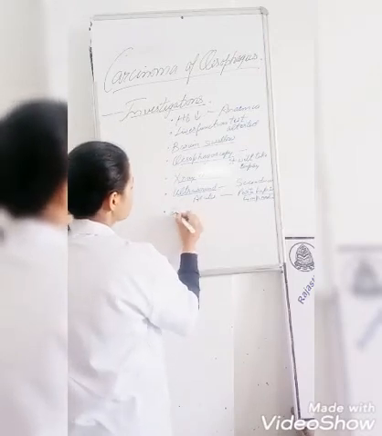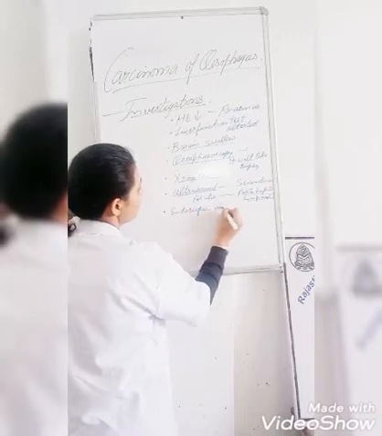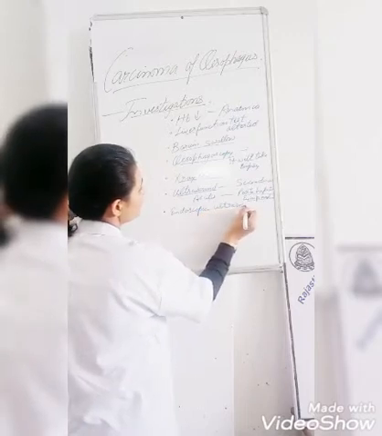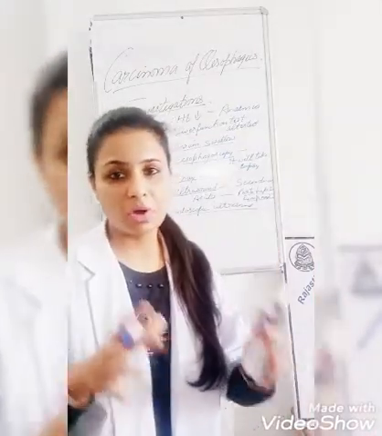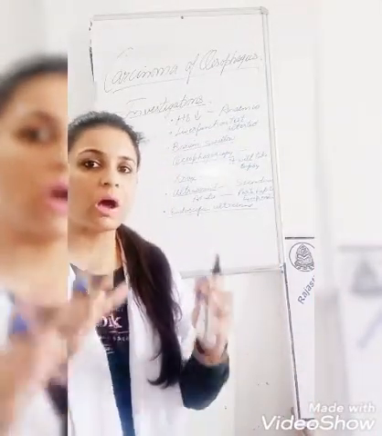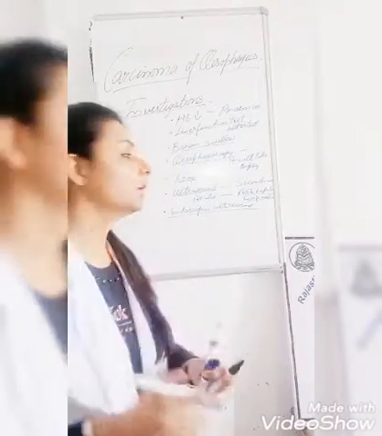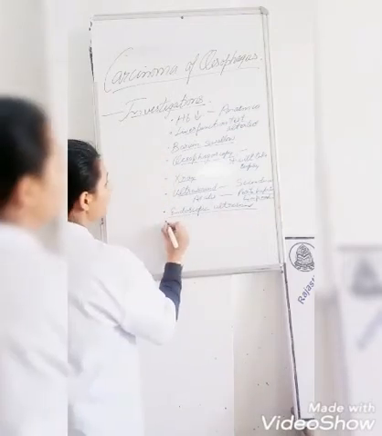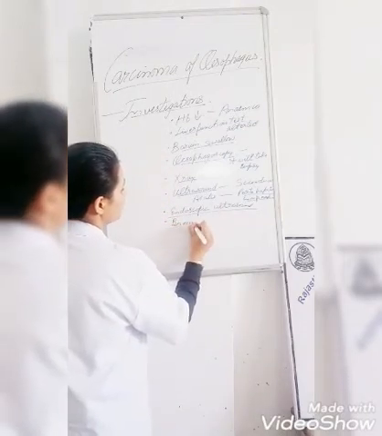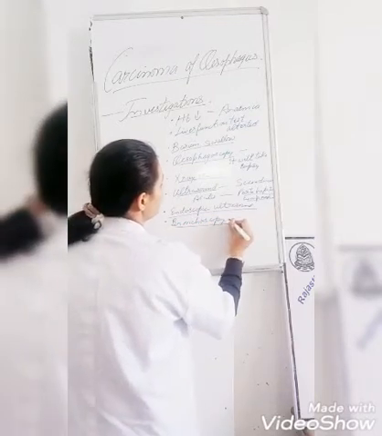Then endoscopic ultrasound will detect the depth of the wall involvement, how much the depth of the wall has been involved. Then bronchoscopy will rule out the bronchus involvement.